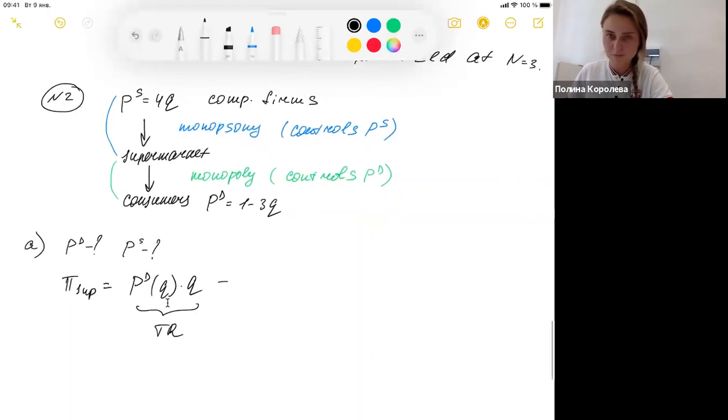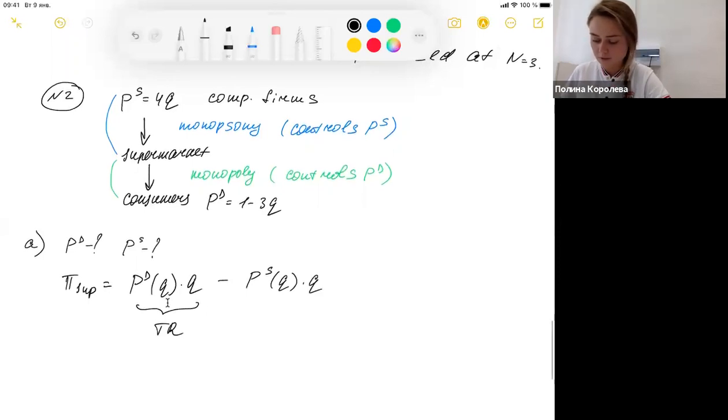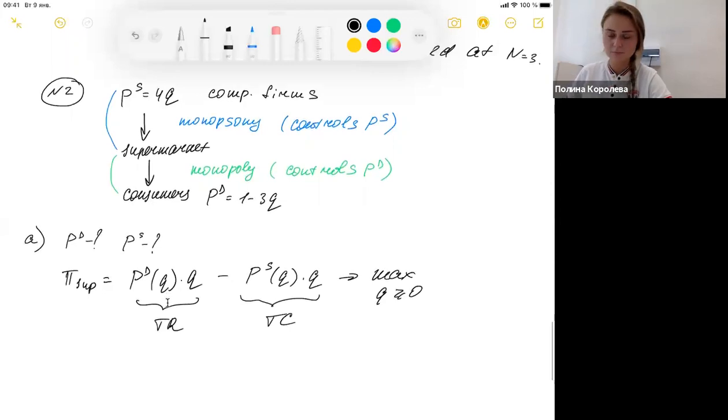And total costs will be how much we pay for all apples to farmers. So here will be the inverse supply function, because our supermarket controls the supply of farmers, multiplied by quantity. And we should maximize this by choosing quantity greater or equal than 0.